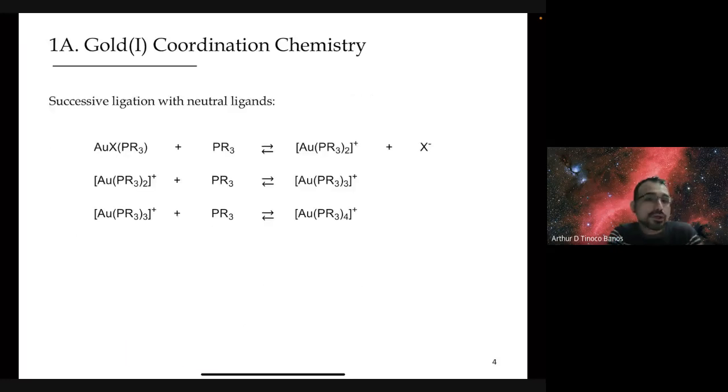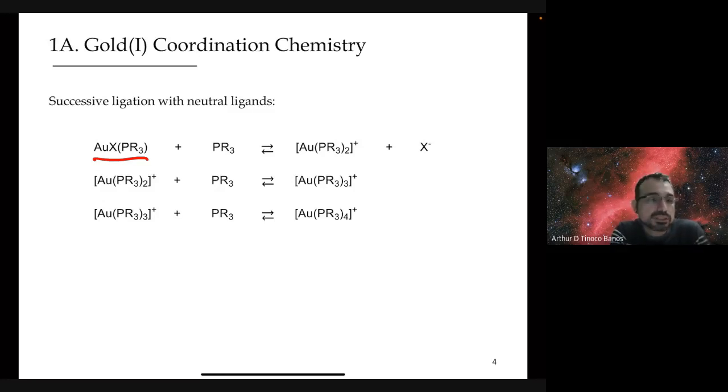With regards to reactivity of gold 1, here I'm just giving you a representation of how you can essentially ligate the metal center. So we're focusing here on the ligation of gold 1 with respect to these phosphine ligands. And so phosphine actually plays a significant role in terms of the story that I'm going to tell you about gold 1.